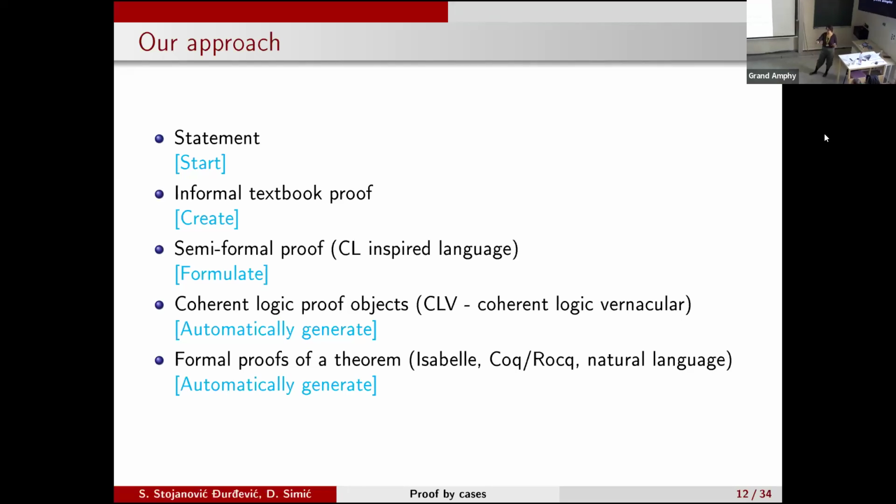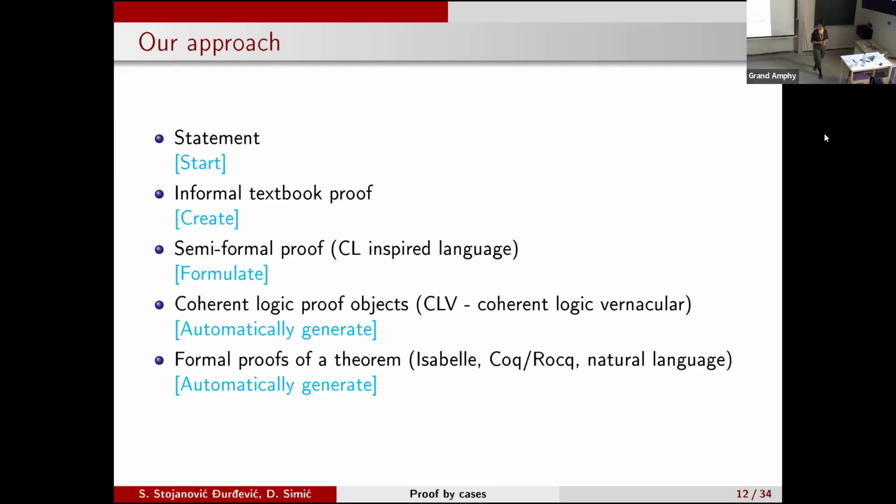Then you write a proof for your theorem on paper. Then we start using a computer. We formulate that same proof in semi-formal language, and afterwards we start the automated part, which was done in a different paper, but I have to tell you a little bit about it.